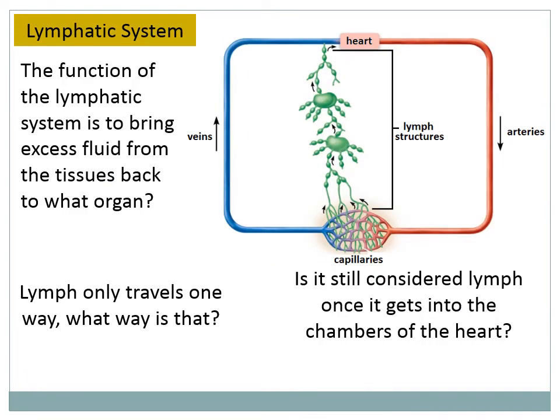Taking a look at the picture to the right here, we can see what the function of the lymphatic system is. The function of the lymphatic system is to bring excess fluid back to some organ. Go ahead and figure out, where are we sending lymph to?